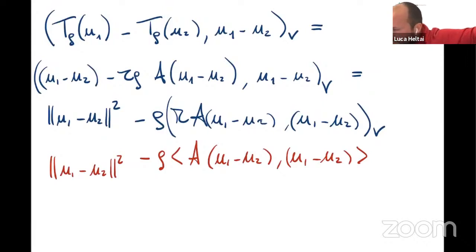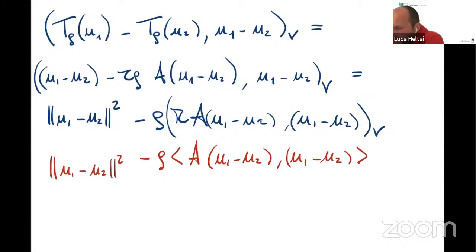So if this is true, I have to find out that there's a contraction scheme over there, which will tell me exactly that this is strictly smaller than 1. Okay.